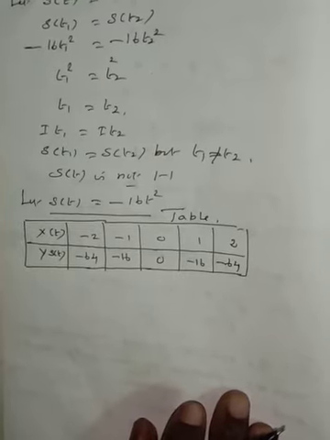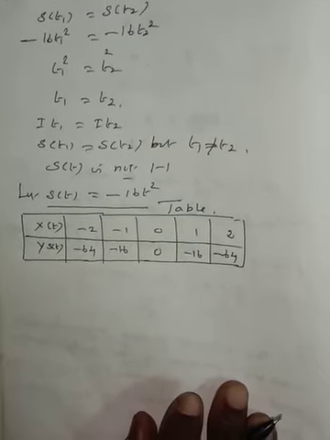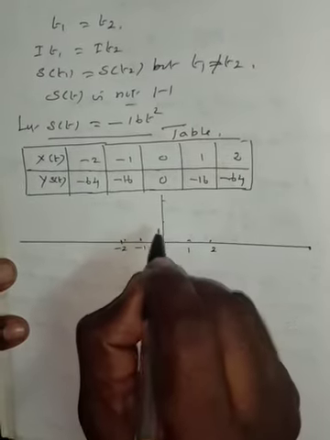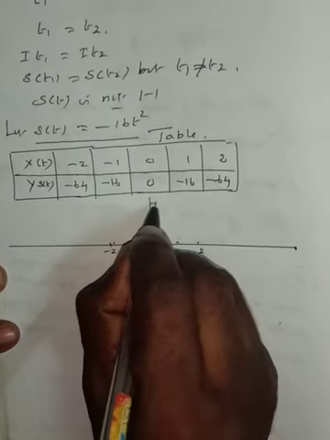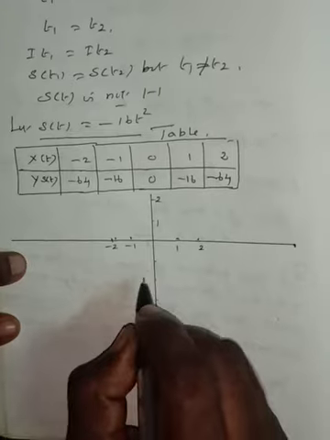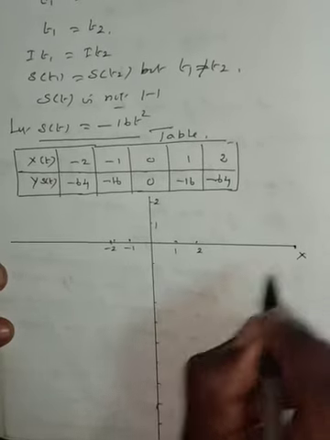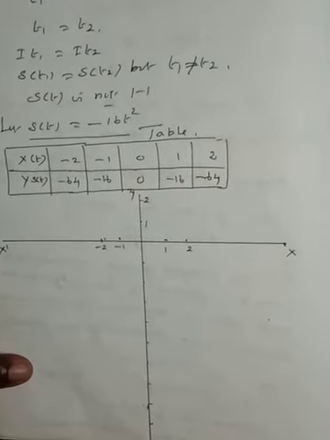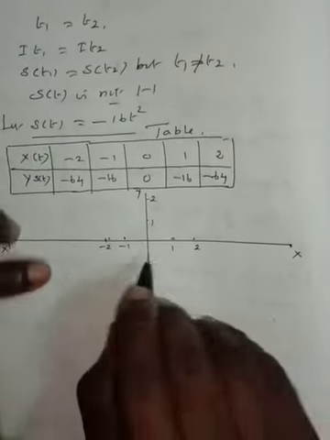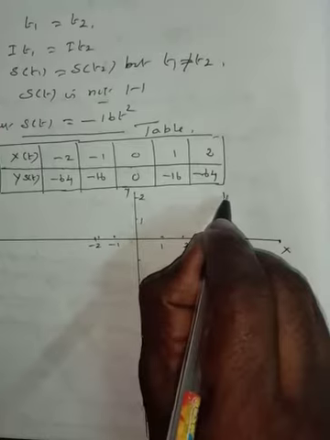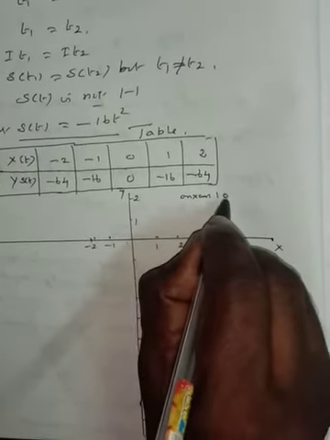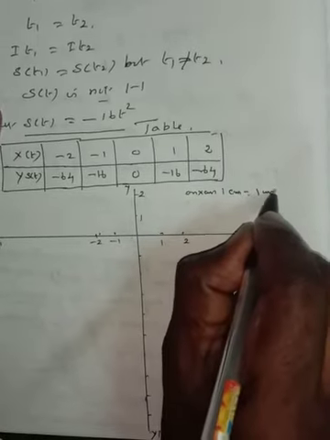Next, draw the graph. Mark minus 1, 1, 2 on the x-axis, x and x dash, y and y dash. On the x-axis 1 centimeter is equal to 1 unit.